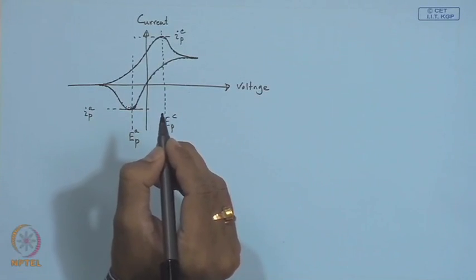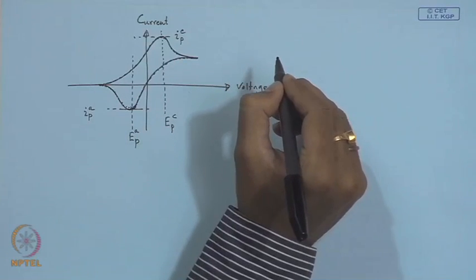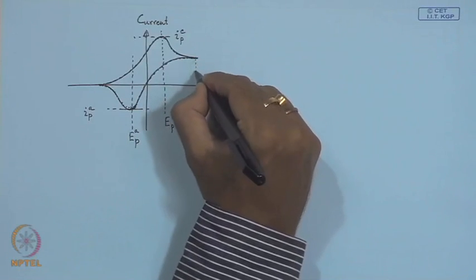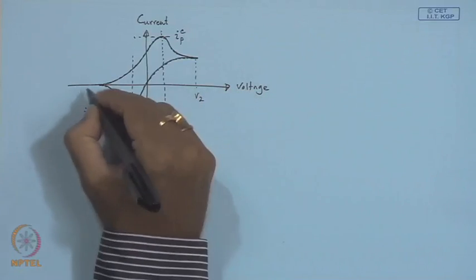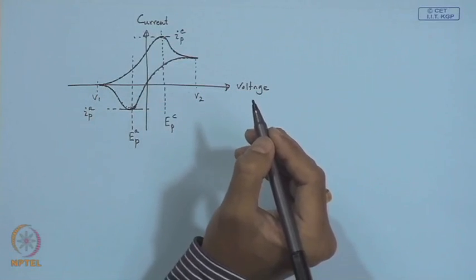These are the characteristic things that you can think of. So, this is your V2, and this is your V1.